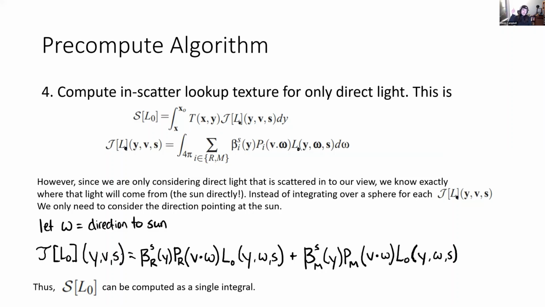We can just look at the sun and see the direction. We don't have to calculate this integral. The equation near the bottom is written with that assumption. The in scatter light at each point is now just a summation of these two terms, and those are all known at this point, so we can compute that. For the total scattered light along the whole ray, we will still have to integrate, but we'll be integrating these equations that we now know the answer to.